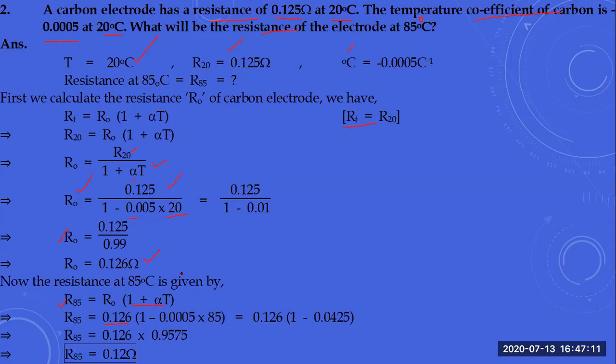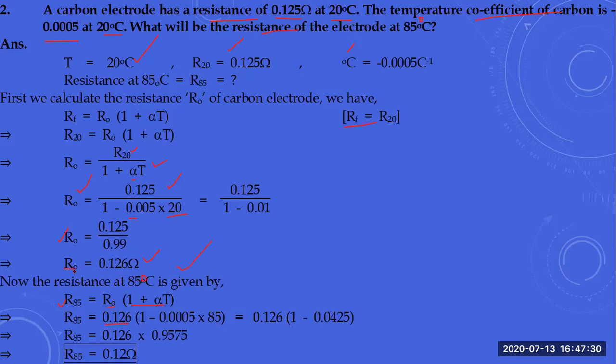Now the resistance at 85 degrees Celsius. First you calculated the resistance at low temperature, and now you are calculating the resistance at 85. R at 85 is R naught times 1 plus alpha T. R naught you have already calculated.